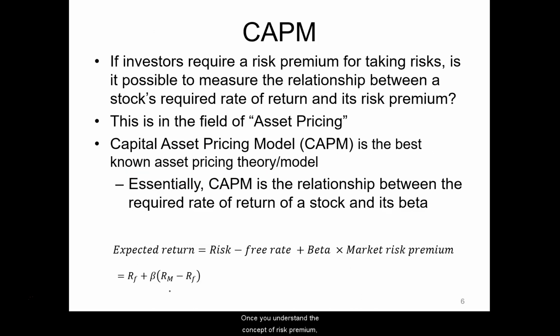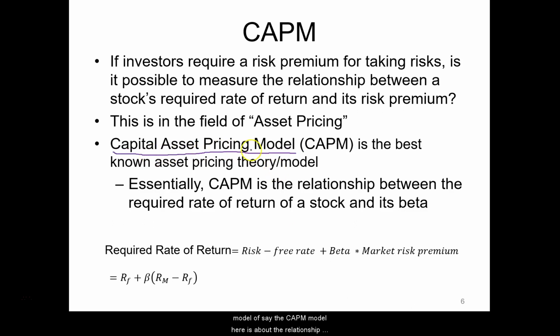Once you understand the concept of risk premium, we can use the so-called capital asset pricing model to help us capture a stock's risk premium and use that to estimate the so-called required rate of return of a stock.